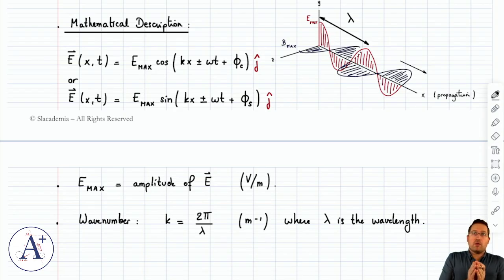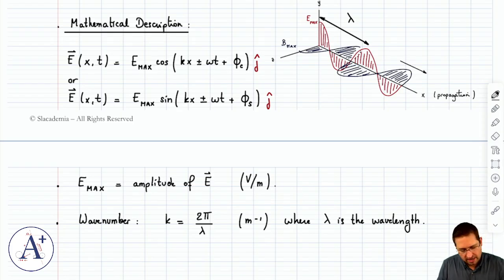Now, the wave number does not represent anything physical or tangible. It's a construct. Lambda represents something physical. It's the length of the fundamental pattern, but 2 pi over lambda doesn't do anything in terms of representing a physical quantity. What it does is that it allows cosine to reset every time x hits 1 wavelength, 2 wavelengths, 3 wavelengths, and so forth, because then you're going to hit 2 pi here.